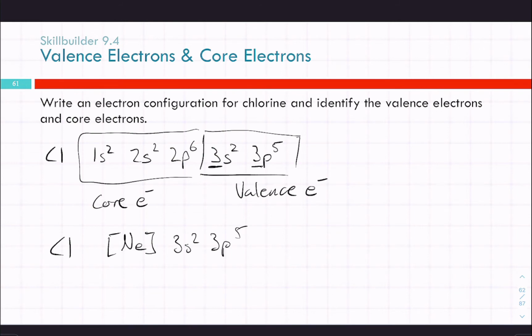So the valence electrons are only the ones past that. And as I mentioned before, the valence electrons are the ones doing all the work. It doesn't really matter about the core electrons.